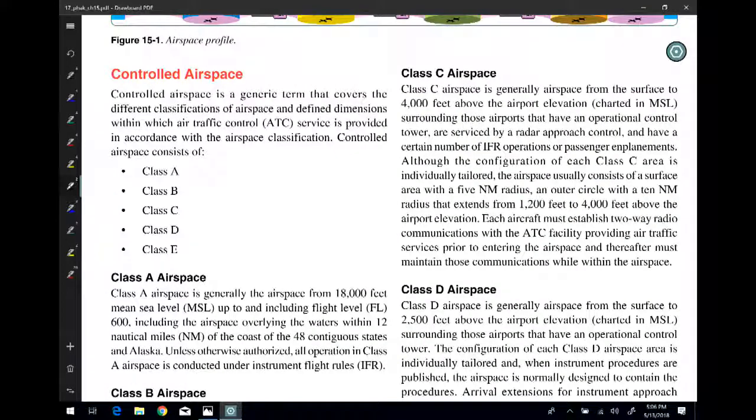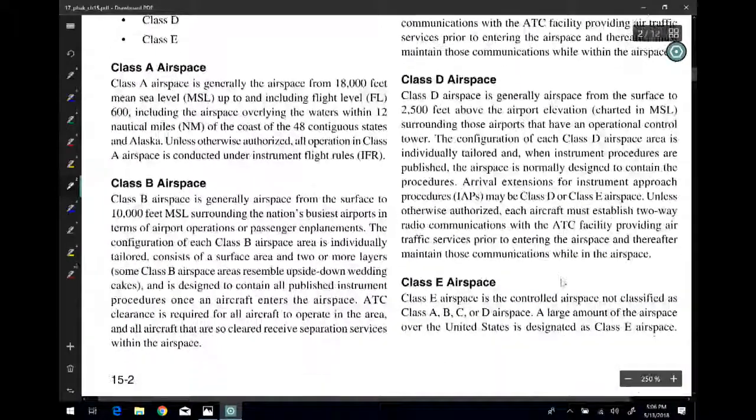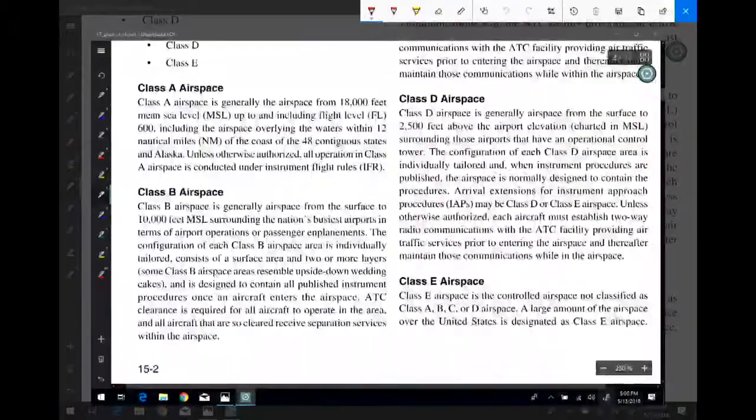Class Delta, let's look at that. So in Class Delta airspace, again, controlled airspace, and this is Aspen. KASE is an example of Class Delta airspace. Class Delta airspace is smaller than Class Charlie.